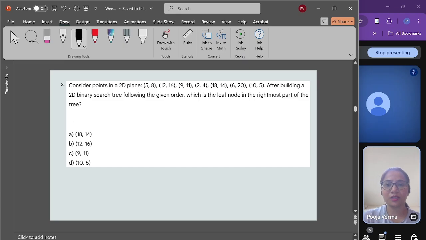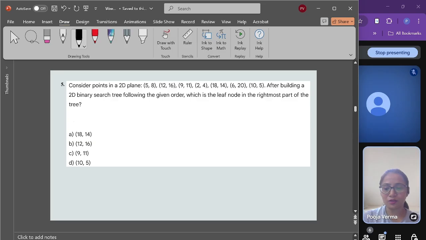Now the next question is: consider points in the 2D plane, that is 5, 8, 12, 16, 9, 11, 2, 4, 18, 14, 6, 20, 10, 5. After building a 2D binary search tree following the given order, which leaf node is in the rightmost part of the tree?